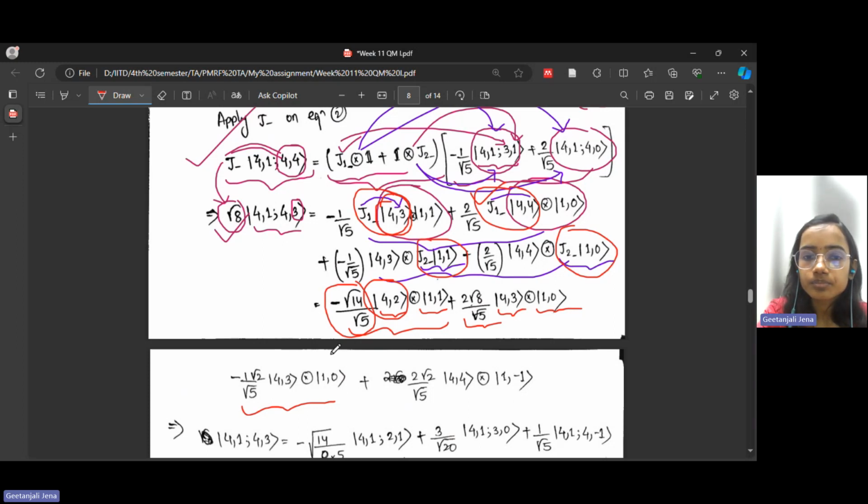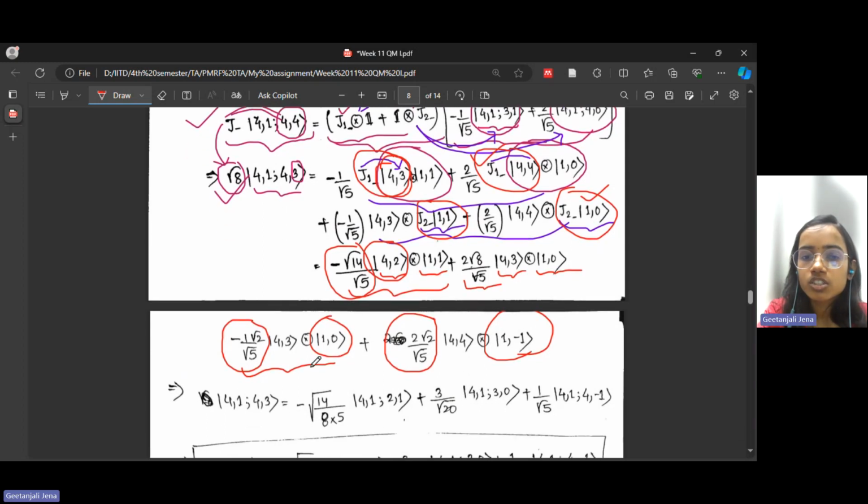You will get 1, 0, and there is a constant term here, which is minus root 2 by root 5. And the last one is J2 minus acting on 1, 0, so you will get 1, minus 1 here. This constant you can easily calculate by putting the values of J2 and M2.